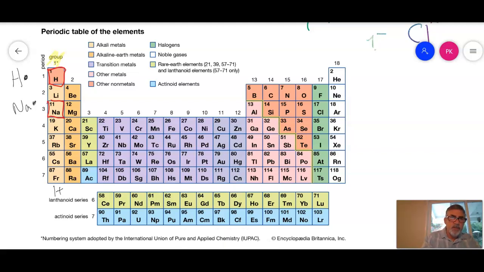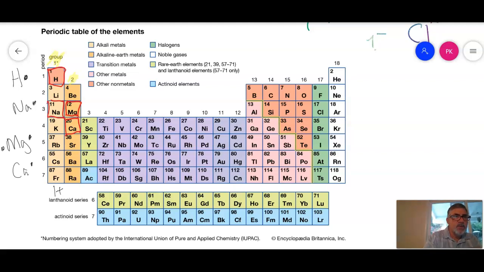If we look at the next group, group 2, group 2 has 2 valence electrons. Some of the things in group 2 are magnesium and calcium, which we use a lot in our body. If we wrote those with the Lewis dot method, I'd get 2 dots.